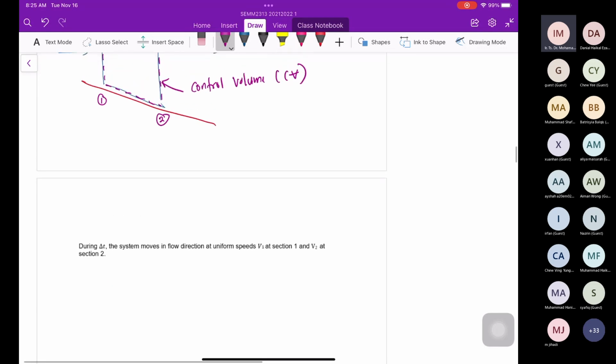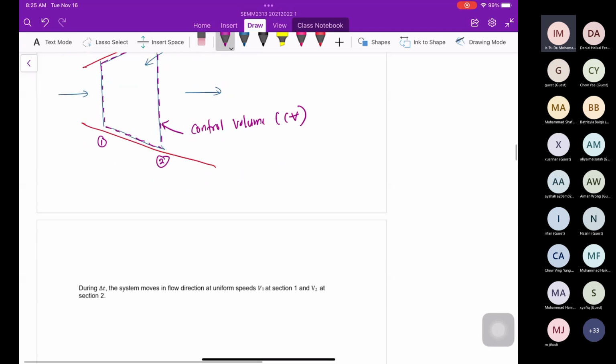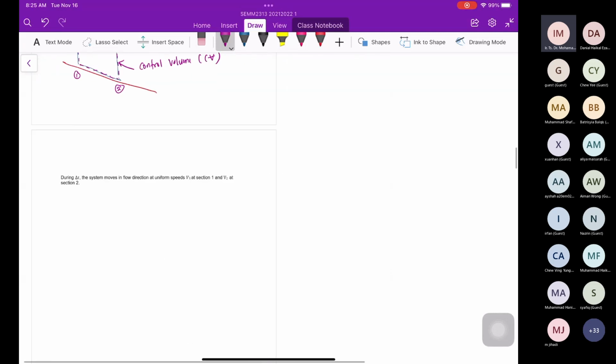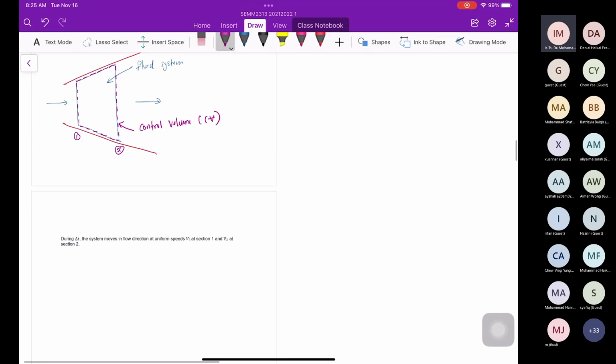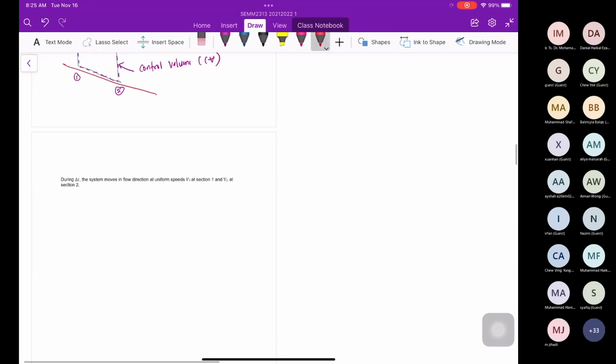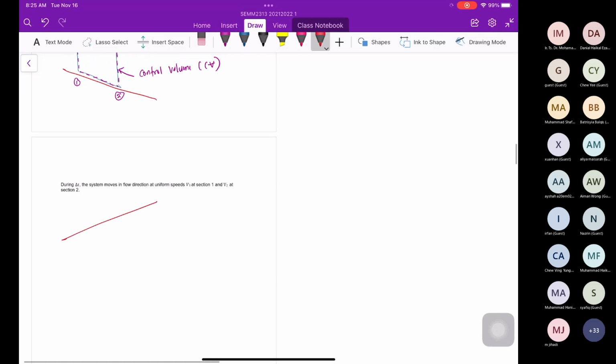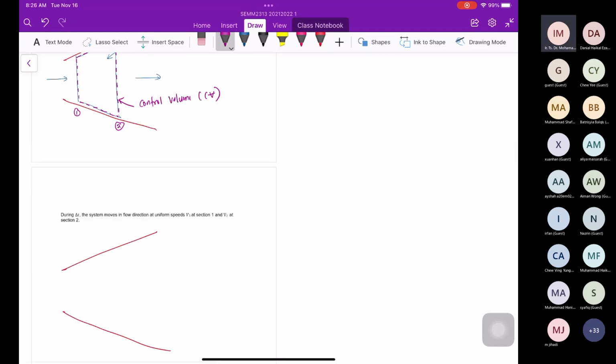During delta t, that means after the change of time, the system moves in the flow direction at uniform speed, V1 at section 1 and V2 at section 2. So now the system moves, but the control volume stays the same. I draw again. This is the control volume.